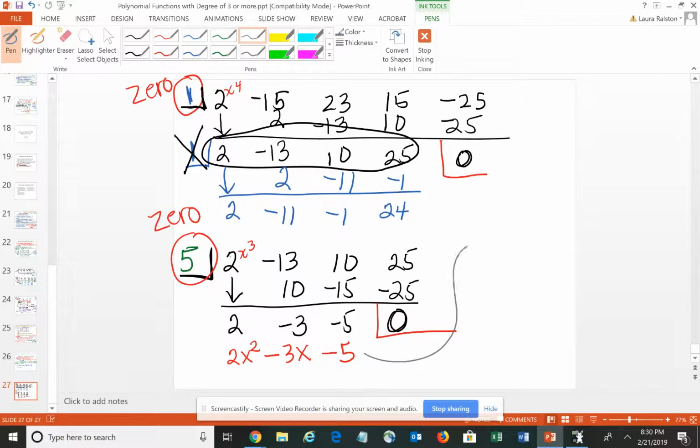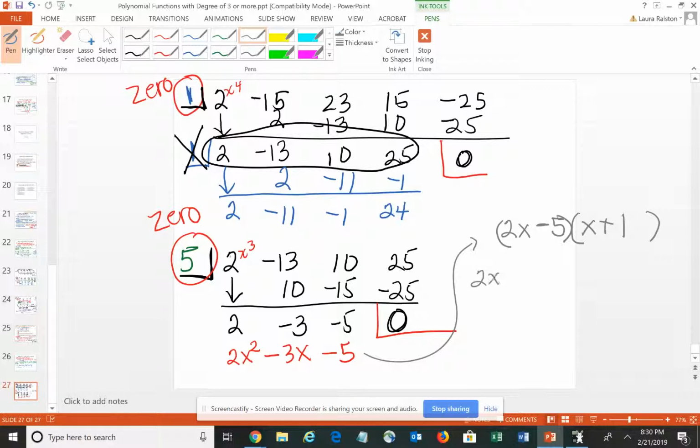So I believe this will factor. So I have 2x and x. I have 5 and 1. This one should be negative, and this one should be positive.